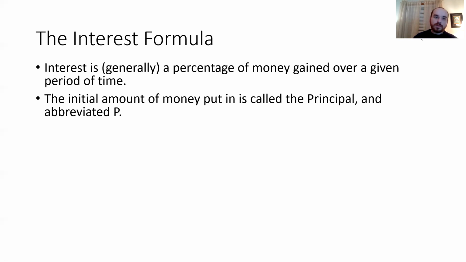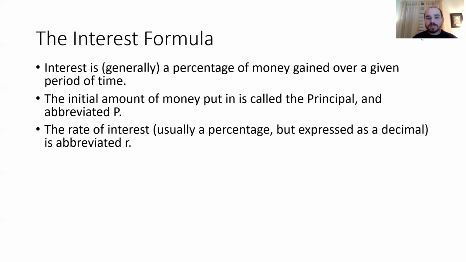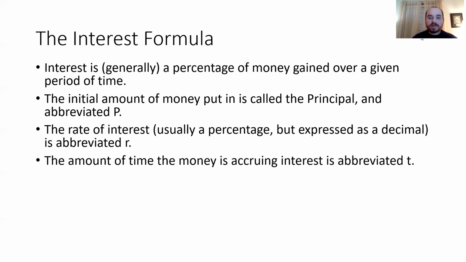If I take out $35,000 of school loans or student loans for a master's program, that's the principal amount of my loan. And then the interest will be calculated based on that. If you take out $350,000 for a house loan, then the principal is $350,000. The rate of interest is usually a percentage, but it's always going to be expressed as a decimal when we're doing calculations with it, is abbreviated R. And the amount of time the money is accruing interest is abbreviated T.